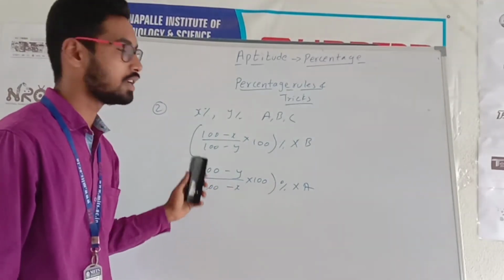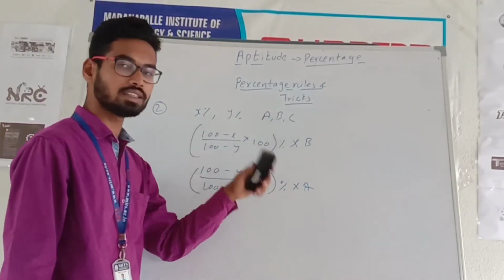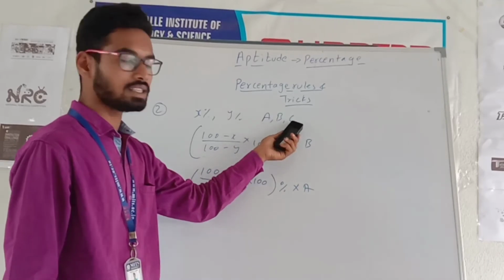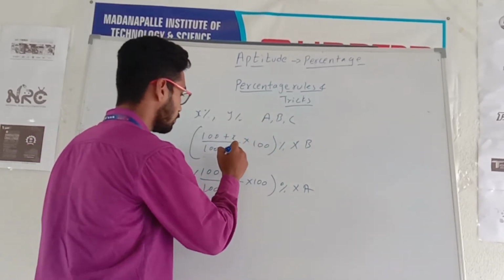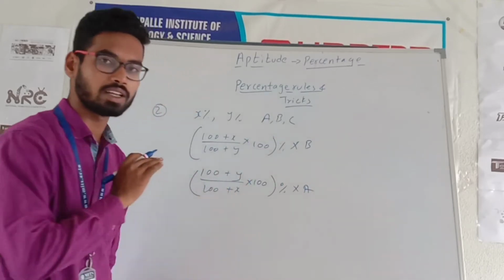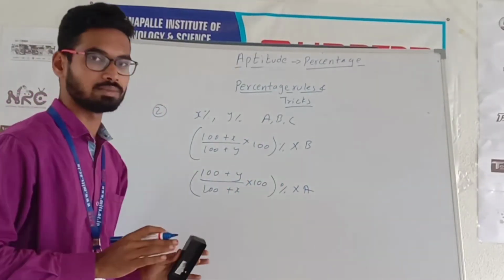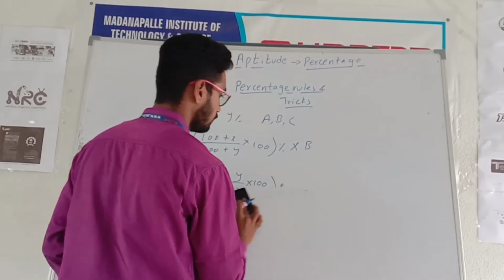If c is greater than the two terms a and b, then we use the plus symbol here. The formula remains the same, but the sign changes.